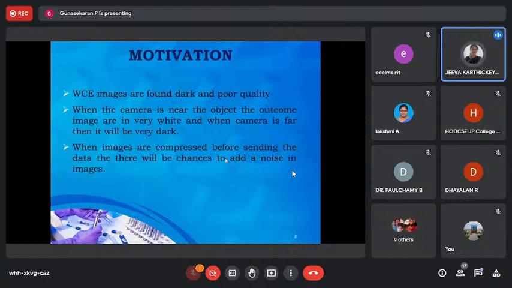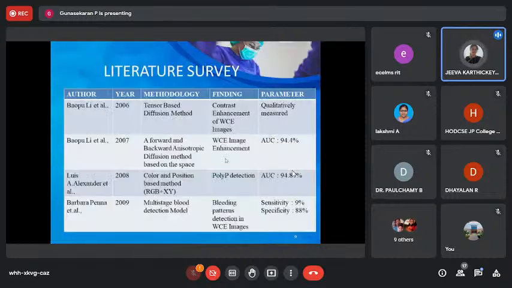Based on this study, the main motivation of this proposed work is that wireless capsule endoscopy images are found dark and of poor quality. The image is very white when the camera is near, and the images are compressed before sending the data. It is very important to enhance the data for diagnosis purposes. So the main motivation is to enhance the quality of wireless capsule endoscopy images using medical image processing enhancement techniques.